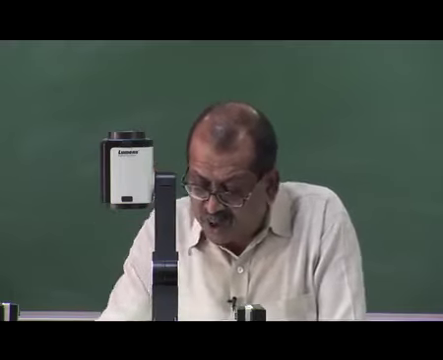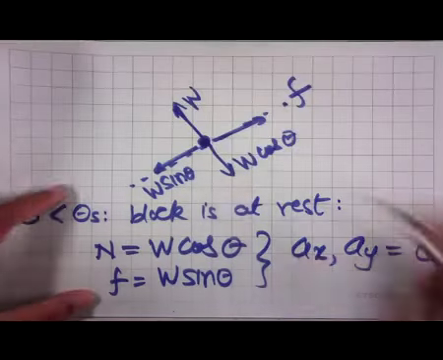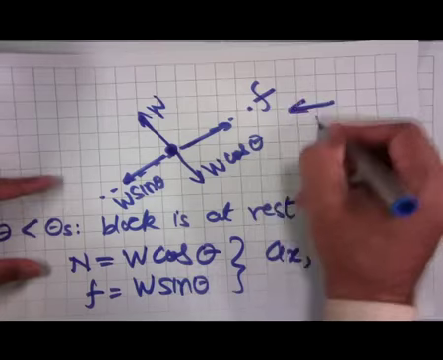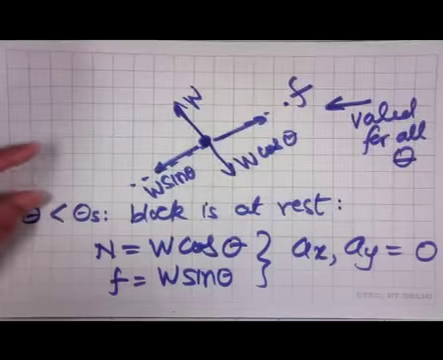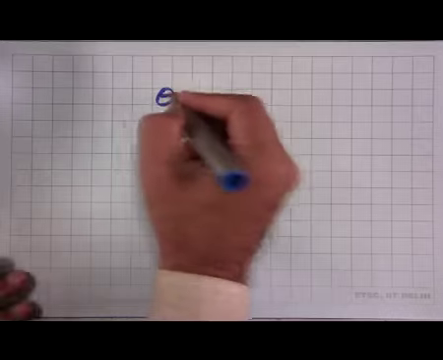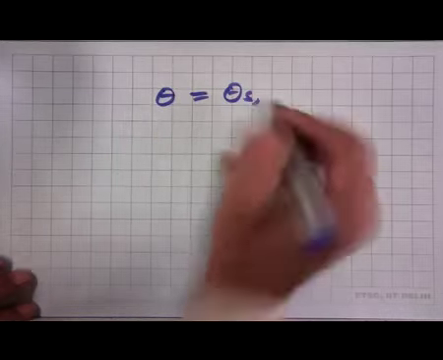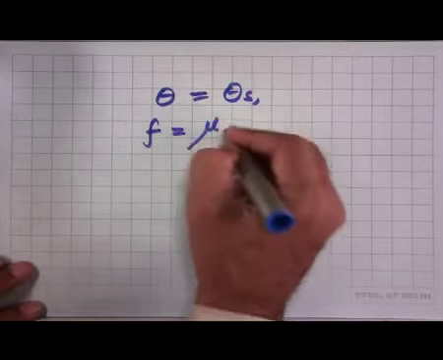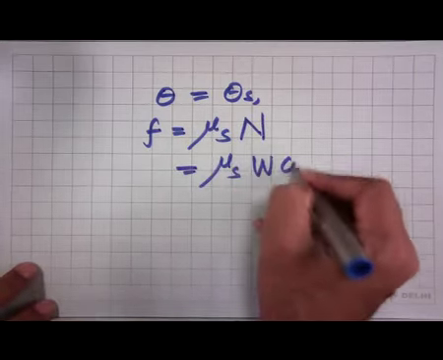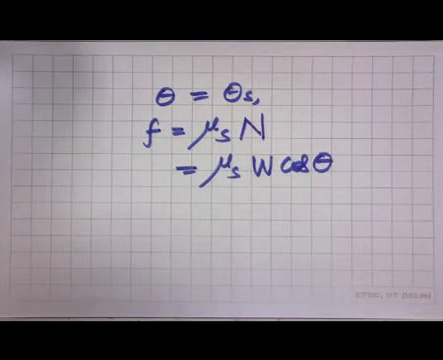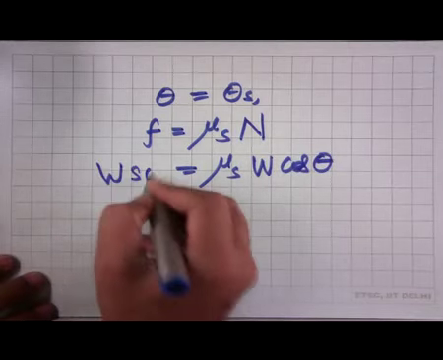Now, this free body diagram is valid for all theta. What is going to change is that when theta is equal to theta s, the friction force becomes equal to mu s times N, which is mu s times W cos theta, and this must be equal to W sin theta.